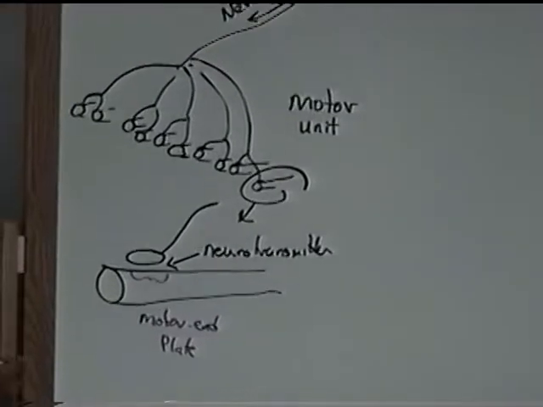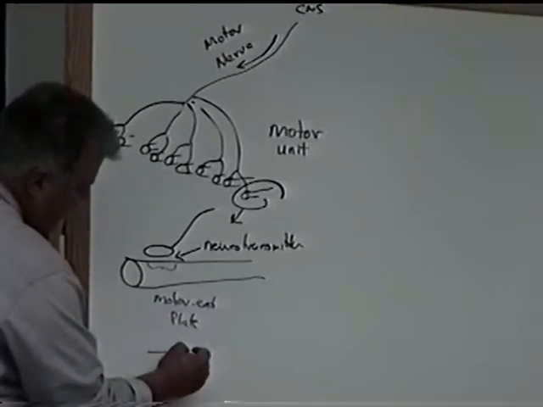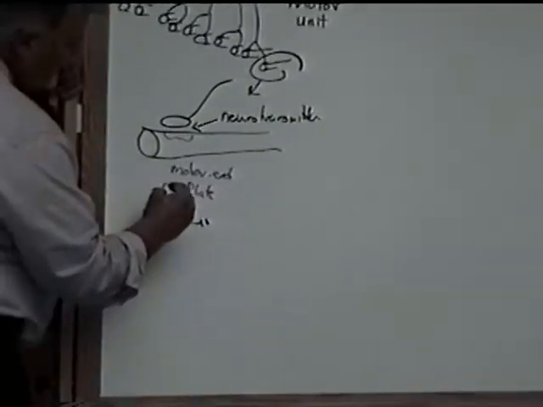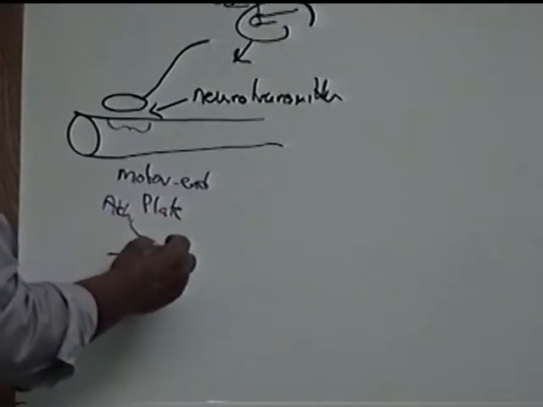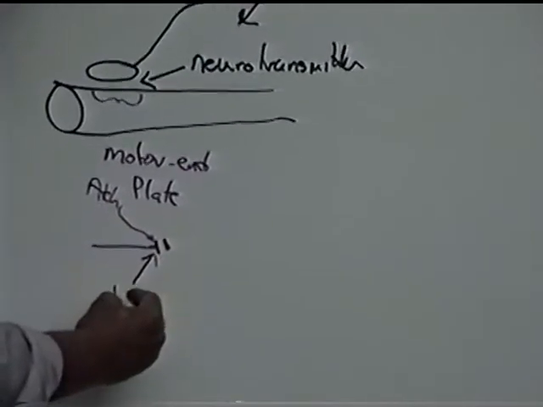When we look at the membrane of the motor end plate, we have specialized structures that acetylcholine is going to bind with. So when acetylcholine is released, it's going to bind at this receptor. This is called a receptor.